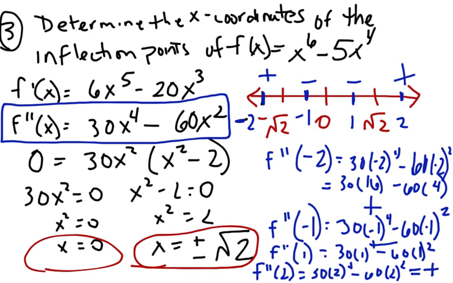I change signs at negative square root of 2 from positive to negative. I do not change signs at 0. It's negative on both sides. But then I do change signs again at x equals the positive square root of 2. So there are 2 answers. X equals square root of 2 and x equals negative square root of 2.